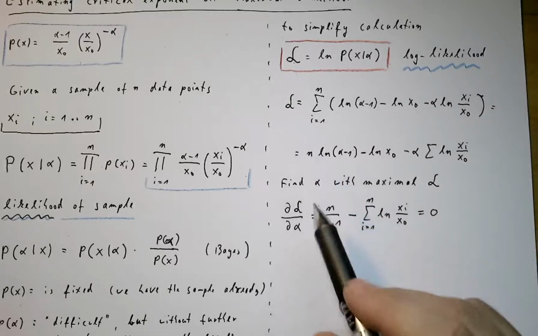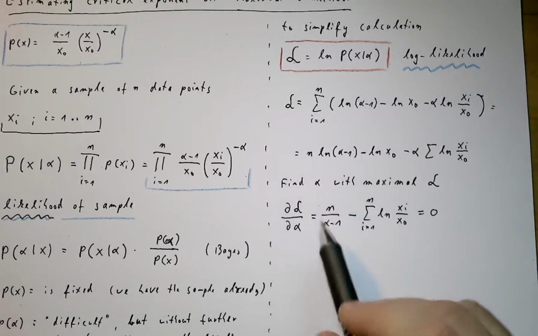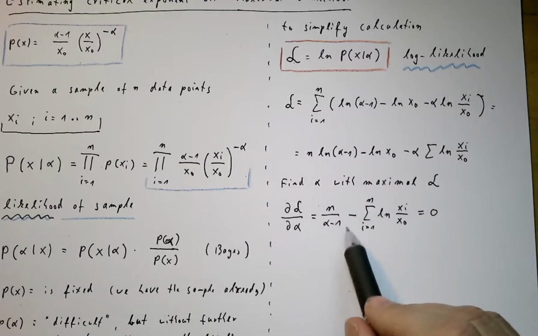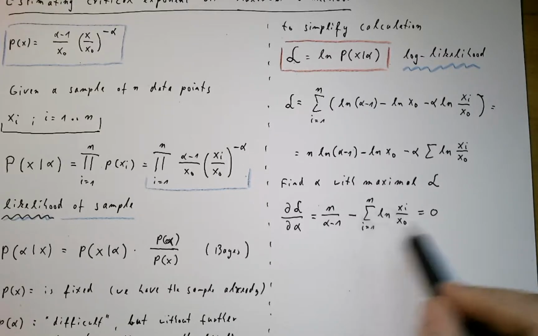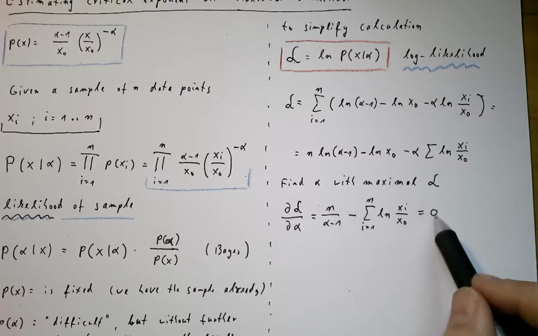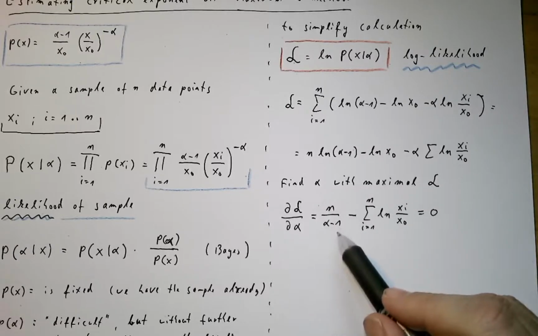value of L. And now we have an equation where the left hand side of this combination is 0. And we can solve this for alpha.